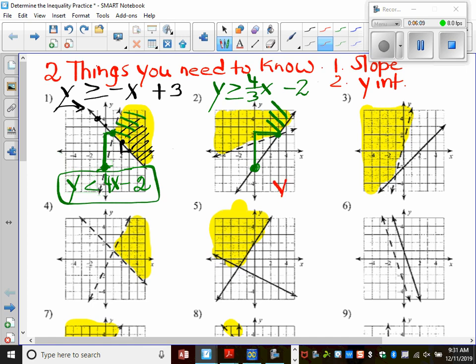All right, let's do the second one. Okay, second one, I'm going to go ahead and put my y. And if you want to go ahead and do the inequality symbol, you can right now, because look, this is shaded above as well. So is that going to be greater or greater equal? Okay, just greater. Okay, where is it crossing the y-axis? +1. So the only other thing I need to do is figure out the slope.